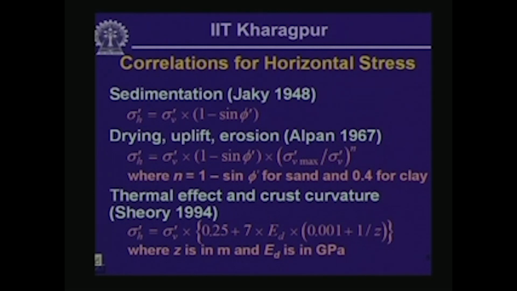Then, considering the effect of drying, uplift and erosion, Alpern in 1967 gave the following expression: sigma h prime equal to sigma v prime multiplied by 1 minus sin phi prime multiplied by a ratio, and that ratio is equal to sigma v prime max divided by sigma v prime, to the power n, and this exponent is equal to 1 minus sin phi prime for sand and approximately 0.4 for clayey soils.